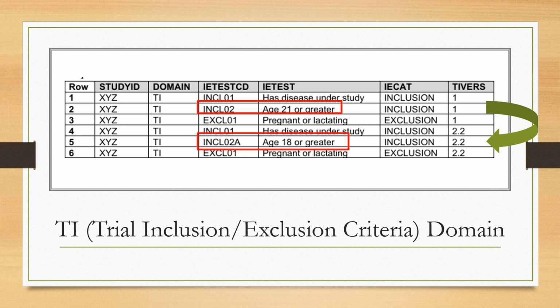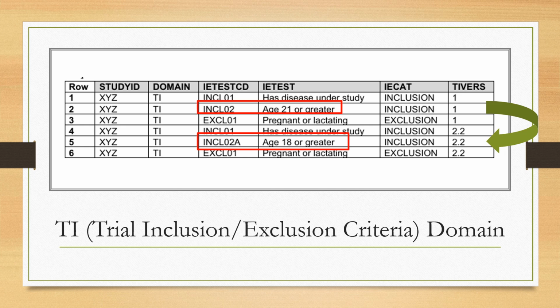Another point to note here is that although there were at least three versions of the protocol, that is protocol version 1, then version 2, 2.1 and 2.2, assuming from the values that the latest one mentioned in this example is 2.2, only the versions which have a change in the inclusion criteria are used in this case.